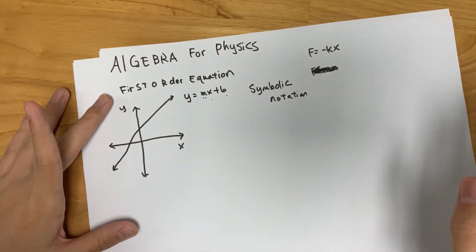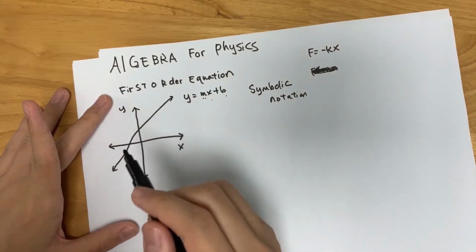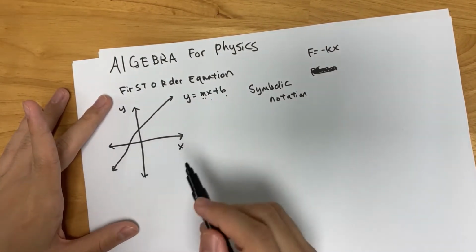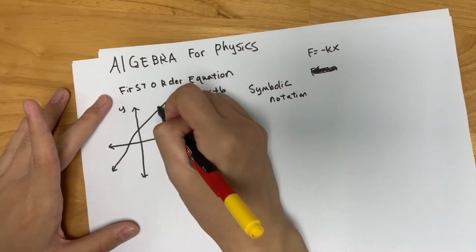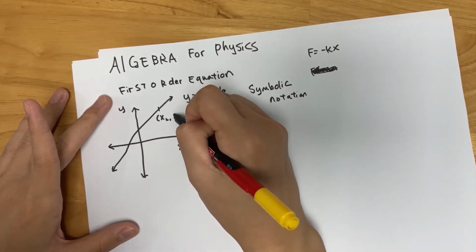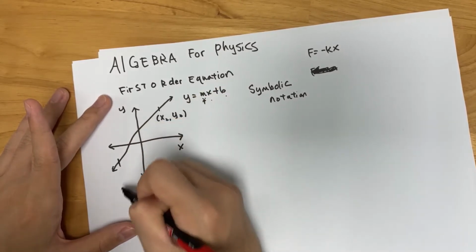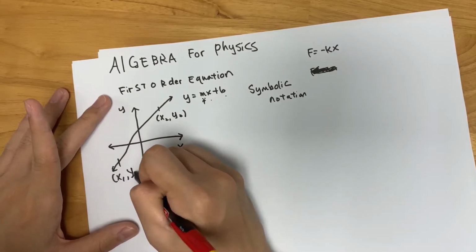And I'll keep going on algebra. Let's say we're trying to figure out the slope of this graph. How would we figure it out? Let's call this x2 and y2, and let's call this x1 and y1.